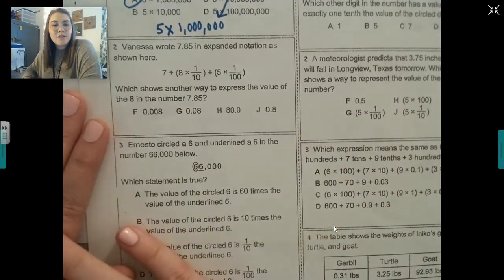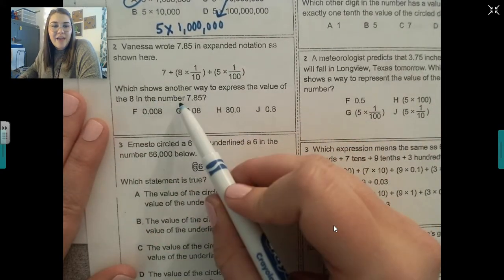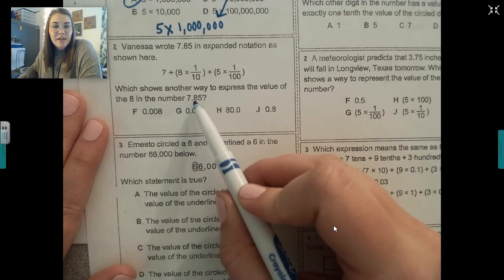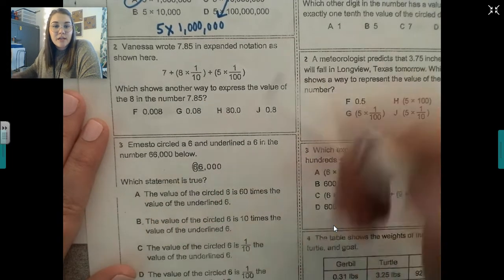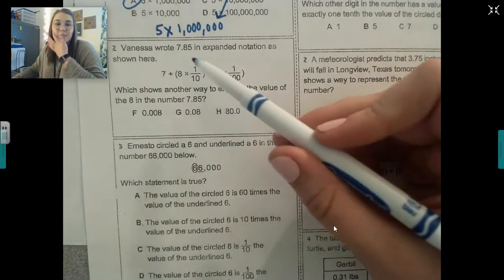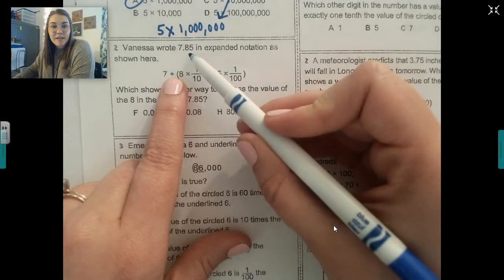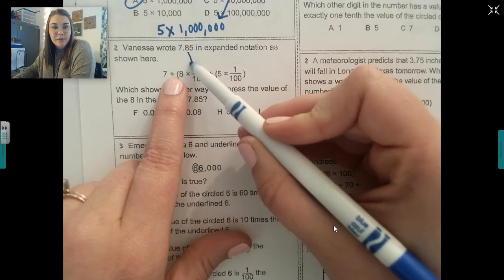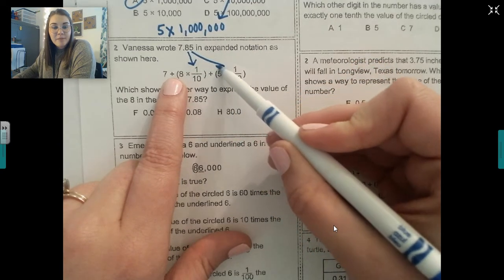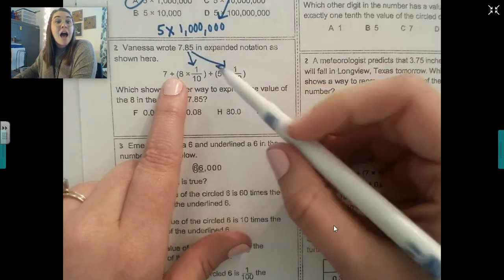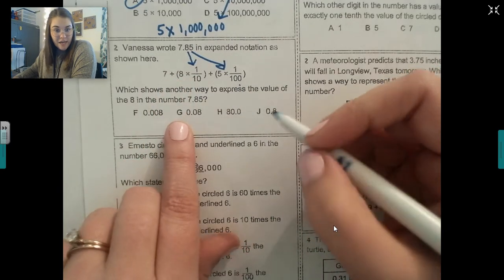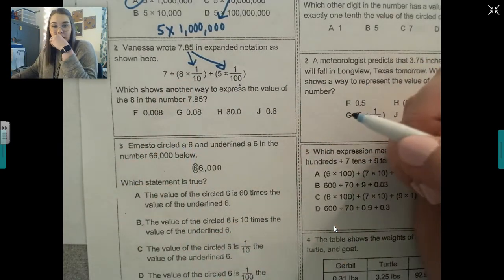This one, what shows another way to express the value of 8 in the number 7 and 85 hundredths? Look at this. They did that thing that I showed you in expanded form. They did 7 plus 8 times 1/10, because that's the tenths place, and 5 times 100th, because that's the hundredths place.